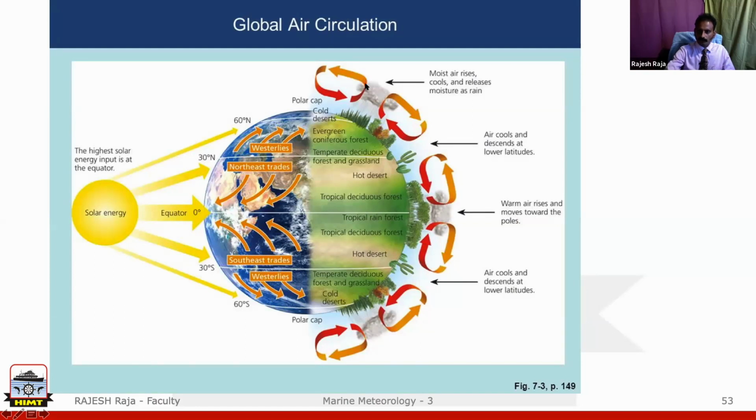Now I got one more loop here also. There also I will get a lot of precipitation. But look at these gaps in between. These two gaps are known for deserts. Why? Because dry warm air is always flowing down, so you don't have much moisture here.